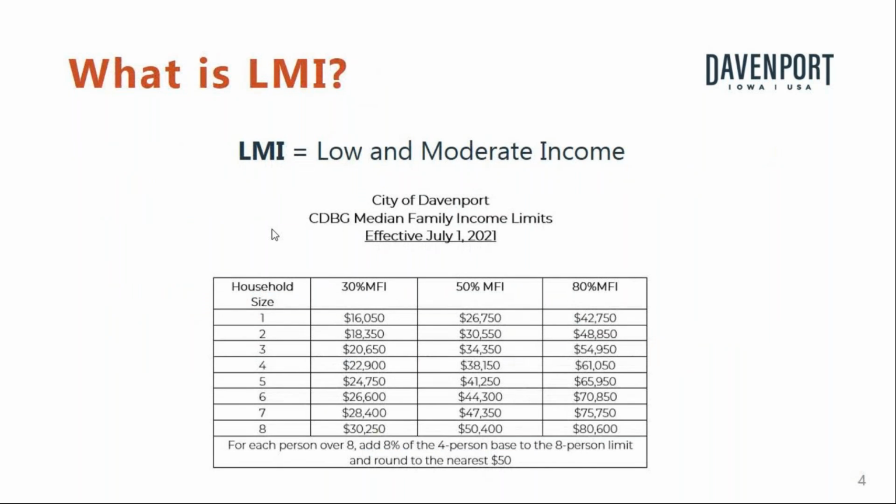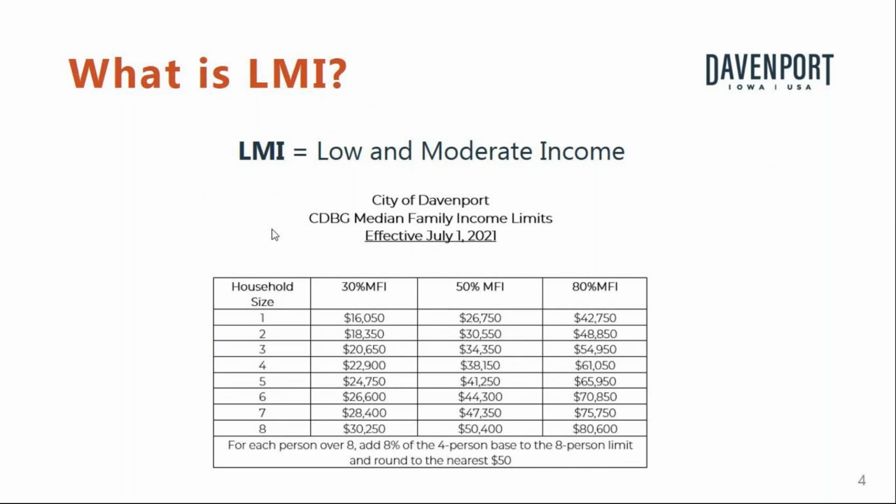So when we talk about low and moderate income, what are we talking about? I think there's a perception that the HUD programs serve extremely low income people, and they do. But I think there's a misperception about what low and moderate income actually is. HUD sets the definition for low and moderate income, and they update it every year.